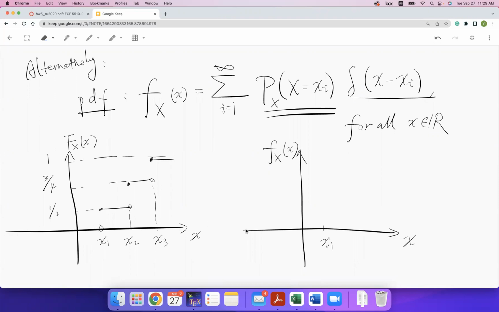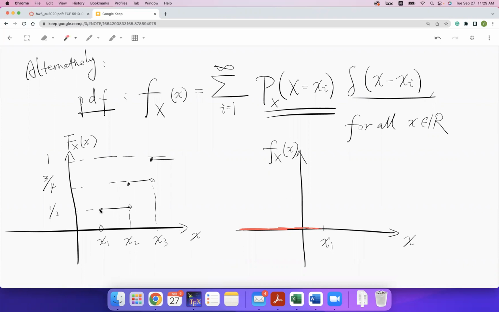So it is always zero. Okay, now when we reach x1, this discontinuity point, we have an instant jump.